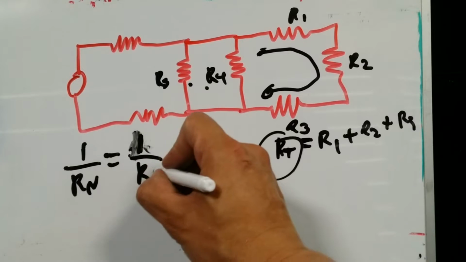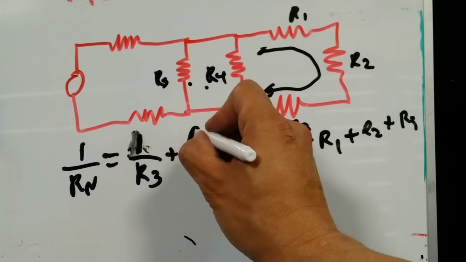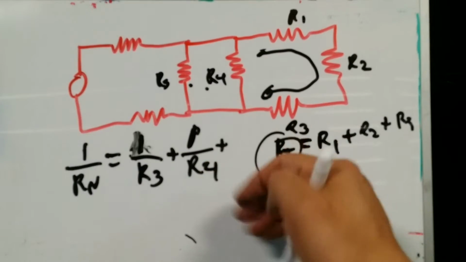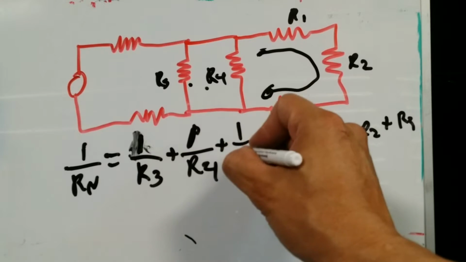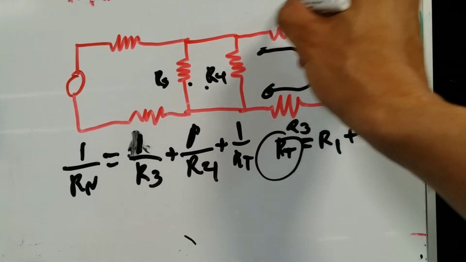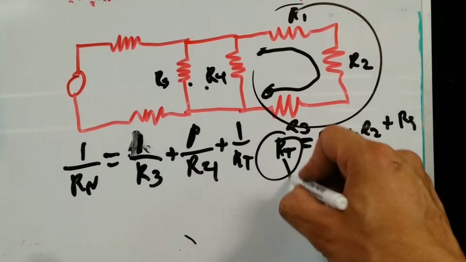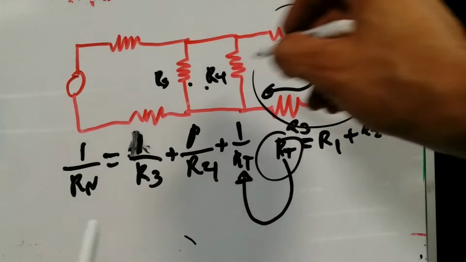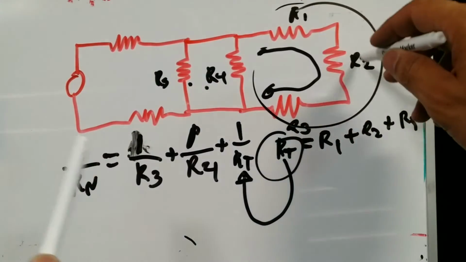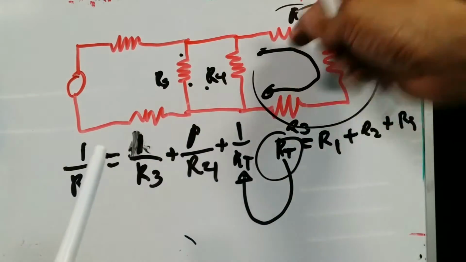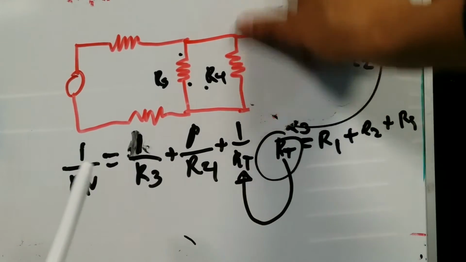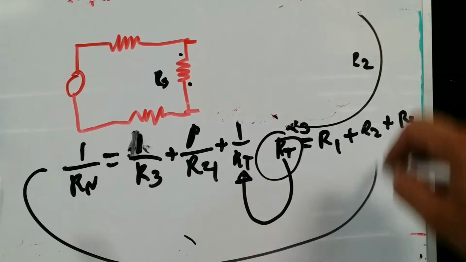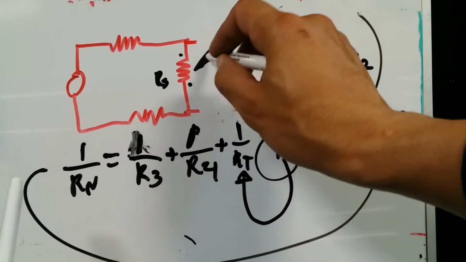Do not make that mistake. 1 divided by resistor 3 plus 1 divided by resistor 4 plus 1 divided by RT of this area over here. So the number that we get over here, we'll put it over there. We will plug that into our calculator, and that will give us the equivalent resistance of all of these. We could just erase all of that, and whatever number we get at the end of this equation will be put in as an equivalent resistor in there.